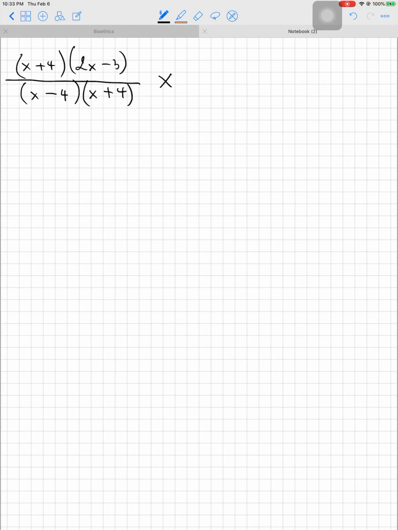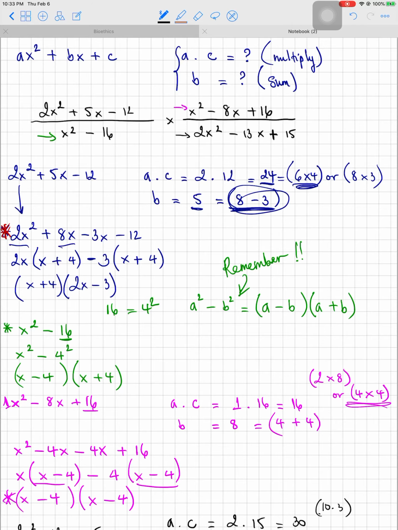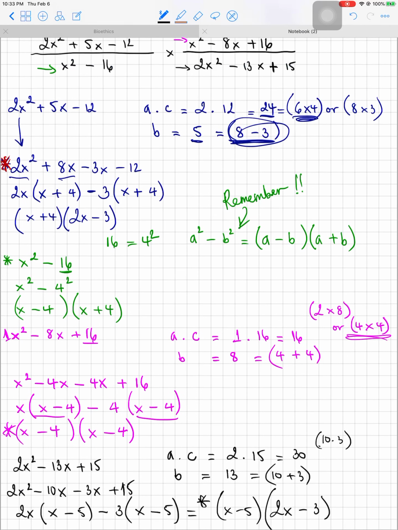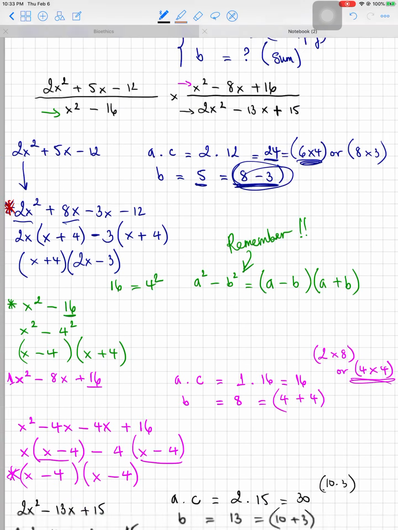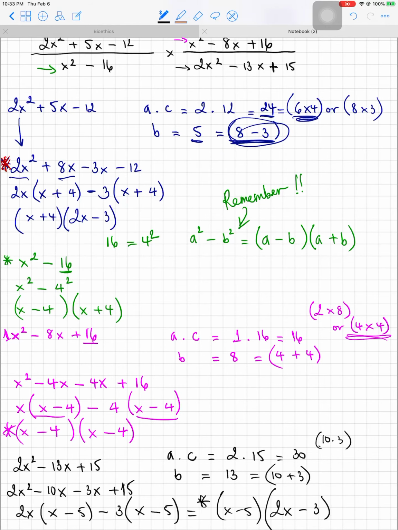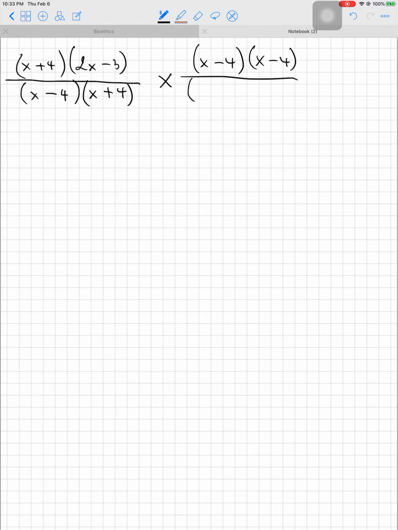And we're going to multiply this by the top one, x minus 4 and x minus 4, and the bottom one is x minus 5, x minus 5, and 2x minus 3.